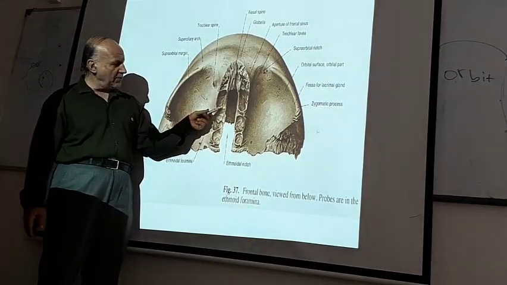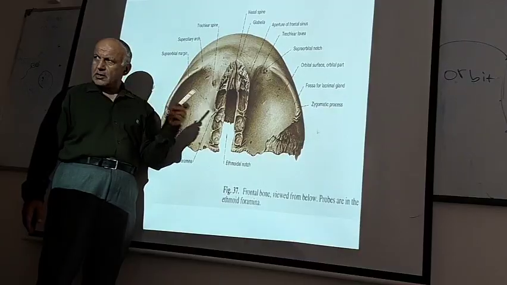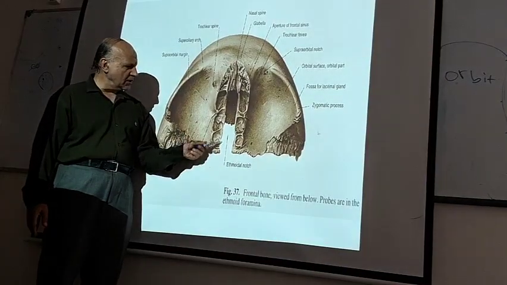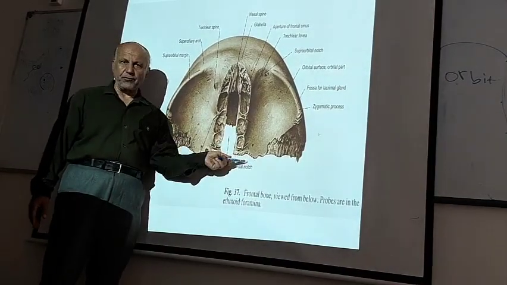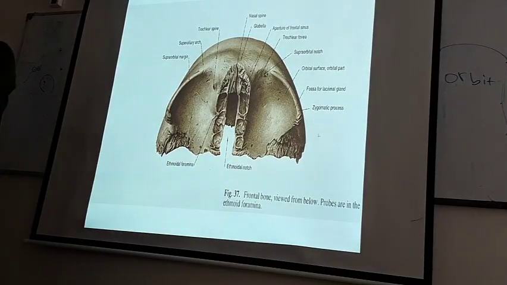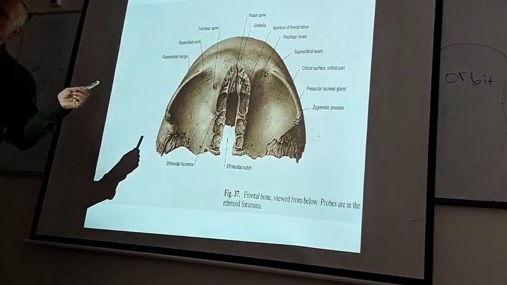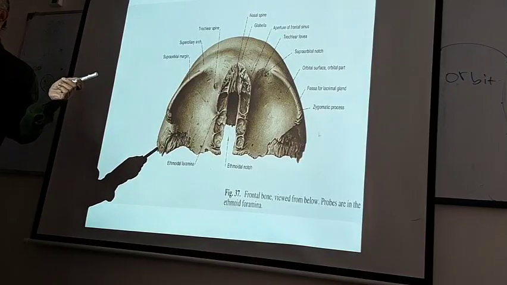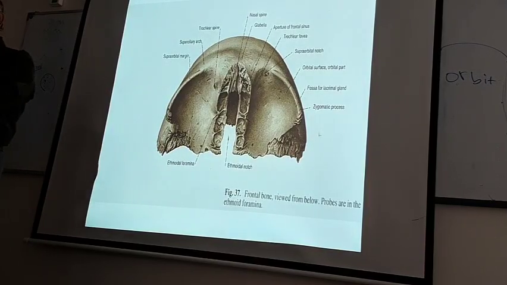Here, as I told you previously, we have two sulci in the right and two sulci in the left. In the lateral mass of the ethmoid, in the superior surface, we have a sulcus like this. These sulci are articulated with each other.